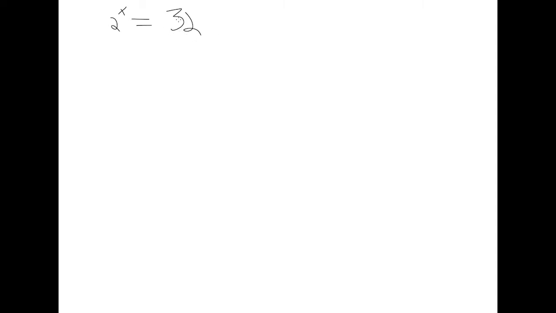And that's because 32 is actually 2 to a certain power. So it can be converted to 2 to the 5th, right? Now this only works if the number on the other side can actually be expressed as this base to a certain power. Because then we can say 2 to the x equals 2 to the 5th, which means x equals 5.